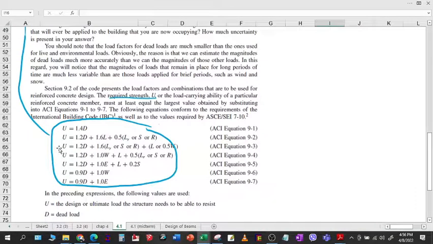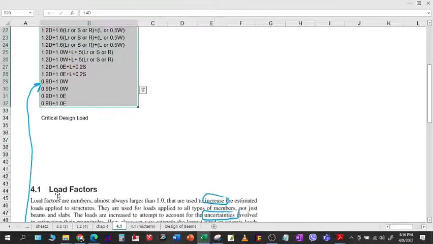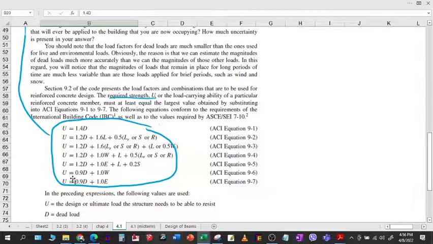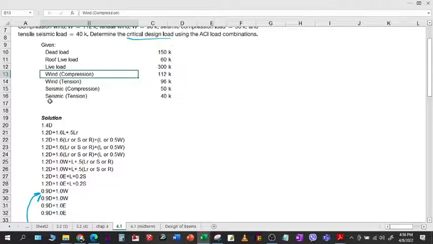However, if you try to look at it, there are more load combinations here as compared to this. It's because there are positive and negative values for wind and earthquake respectively. Because wind can either be compression or tension, as well as seismic. Now, why is that?